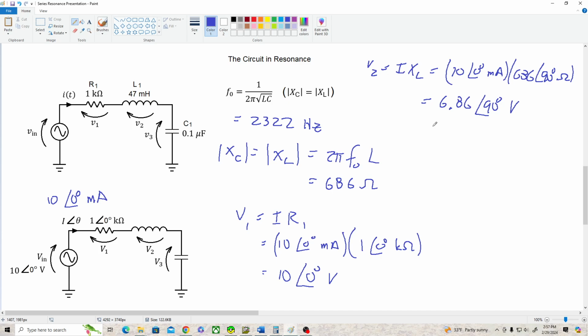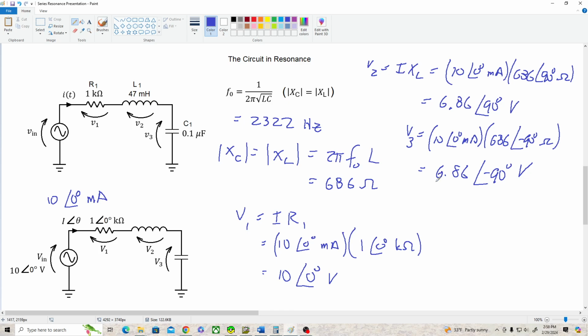All right, so that's the voltage drop across the inductor. The voltage drop across the capacitor, V3, is equal to 10 at 0 degrees milliamps times 686 at negative 90 degrees ohms, which equals 6.86 at negative 90 degrees volts.